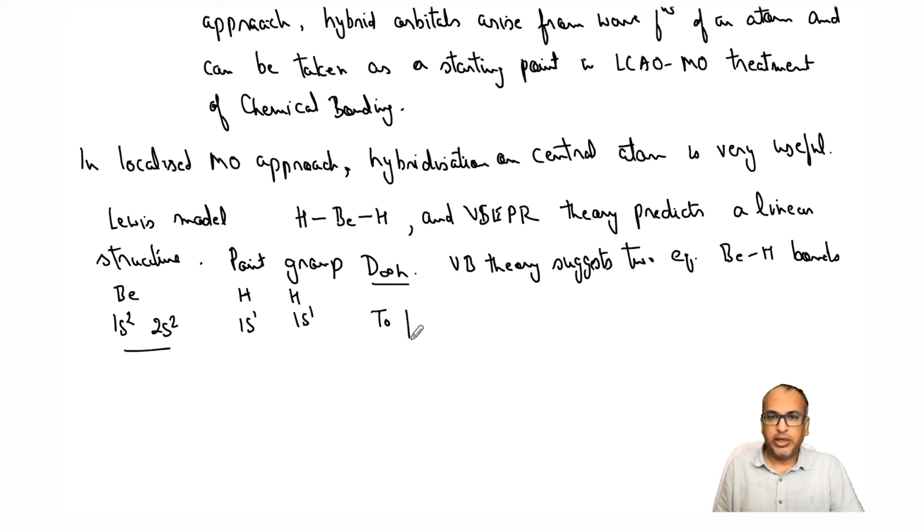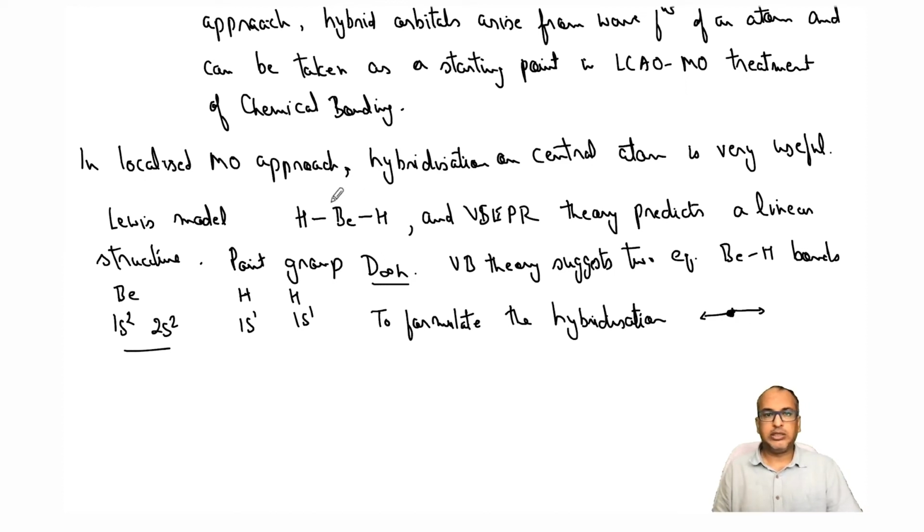All right, so to formulate hybridization, remember what we did. What is the next step? To formulate the hybridization, we'll convert this bonding into a vector diagram. So you start from the central atom and go outwards towards the pendant atoms. These are called pendant atoms.